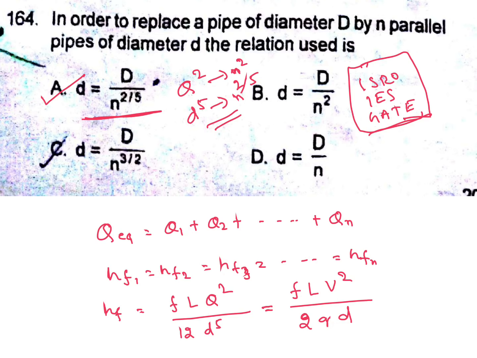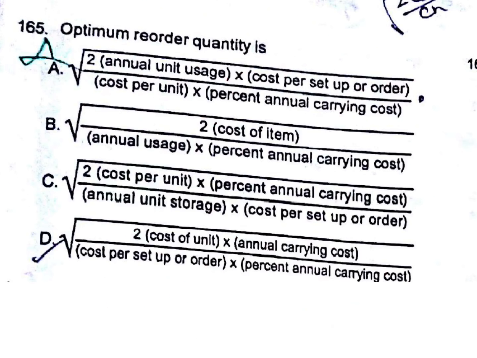Optimum reorder quantity is Q star equals root of 2 D CO divided by CH. CO is ordering cost, D is annual demand, CH is holding cost.